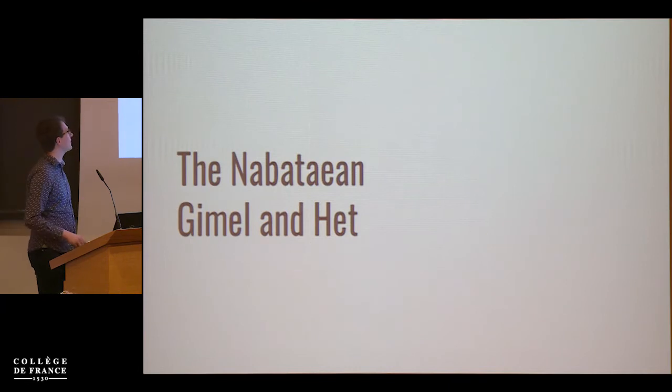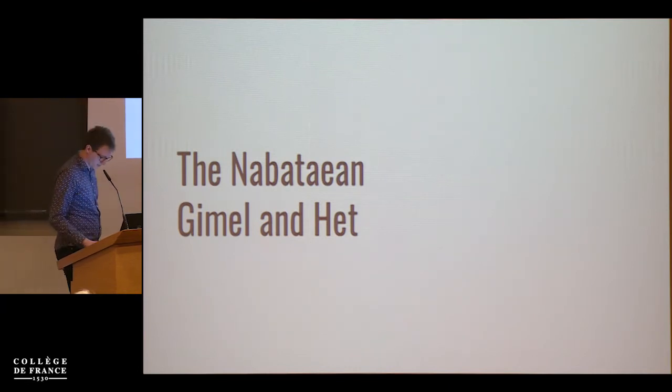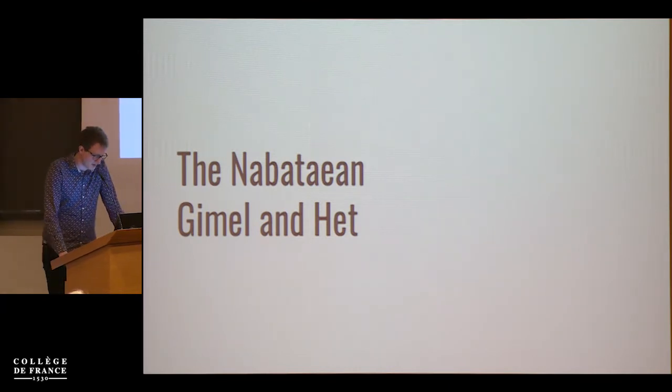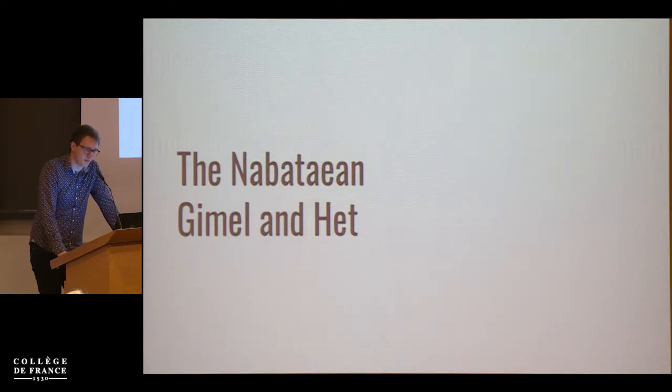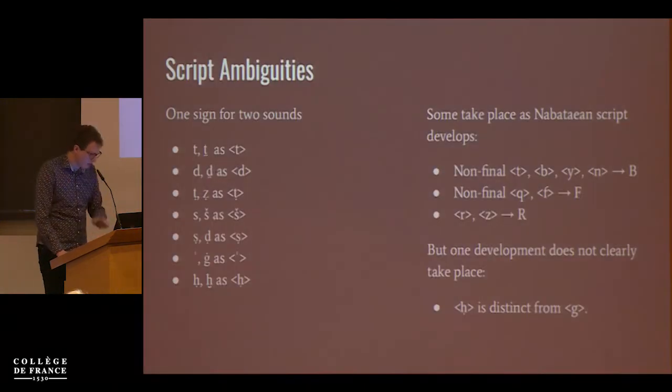A last thing is the Nabataean gimel and chet, which give rise to the jim and ha. These are separate letters in Nabataean, just like in Aramaic. The gimel and chet are perfectly distinct. And in the Arabic script, they eventually merge. But just to go through a little bit.